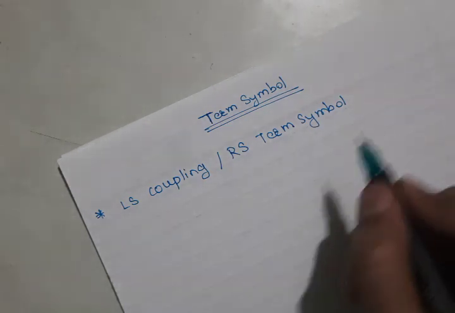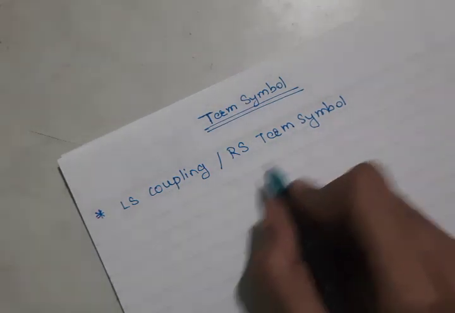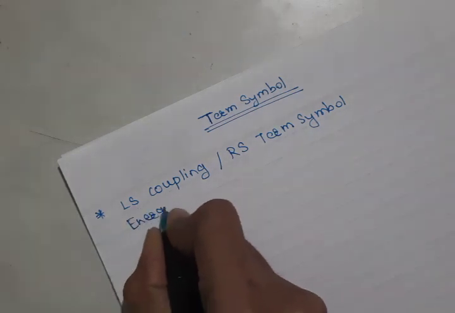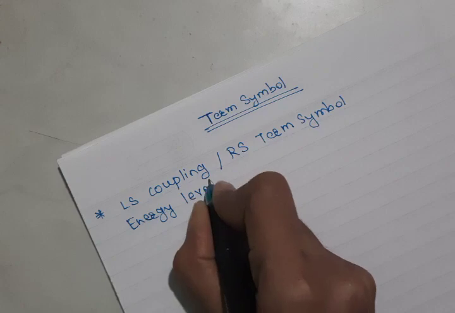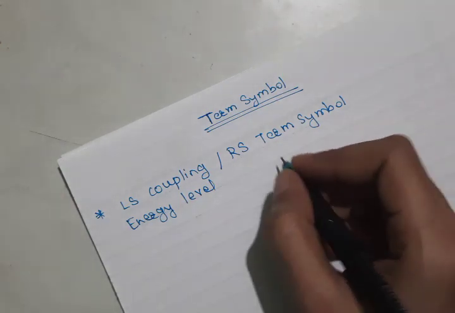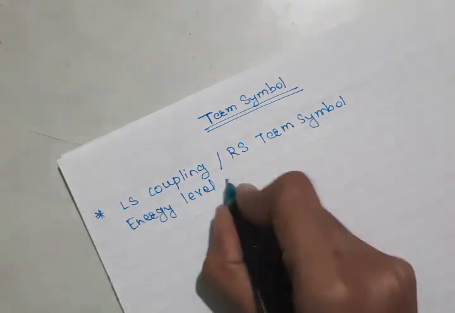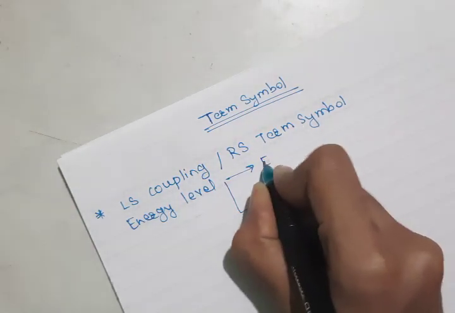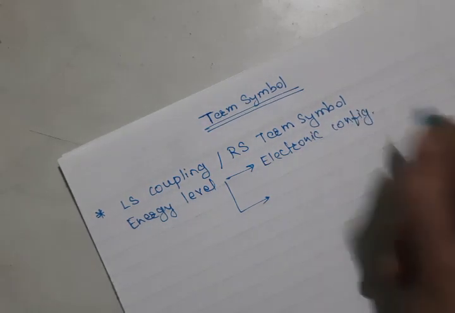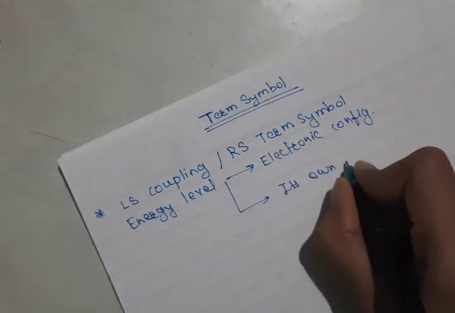These term symbols are important because the energy level of a particular atom, or a particular electron present in an atom, can be explained by its electronic configuration, and it is also explained by its own term symbol.